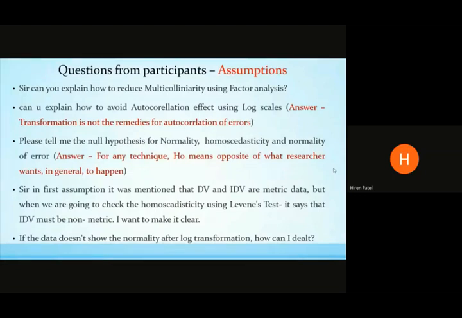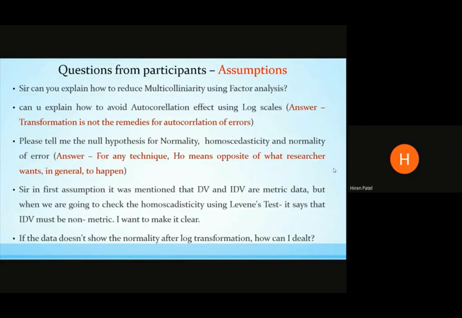I really wonder to what extent it is true, but it has been taught to us: use EViews kind of software, apply log, apply first differencing, second differencing, and that will reduce our autocorrelation effect, because time series data would always deal with this kind of effects. So yeah, log scaling is one of the ways to avoid the autocorrelation effect.